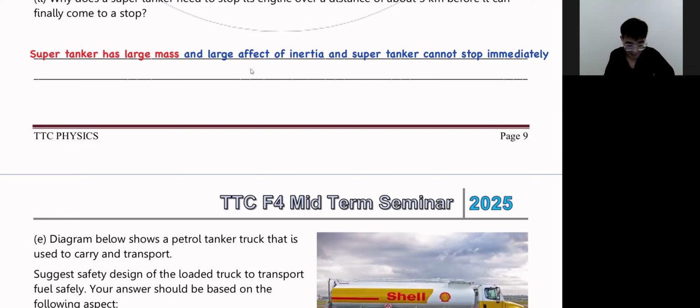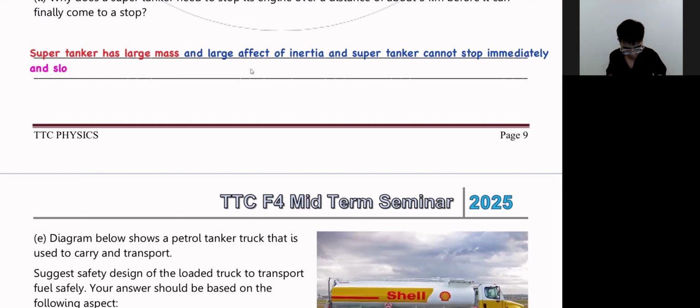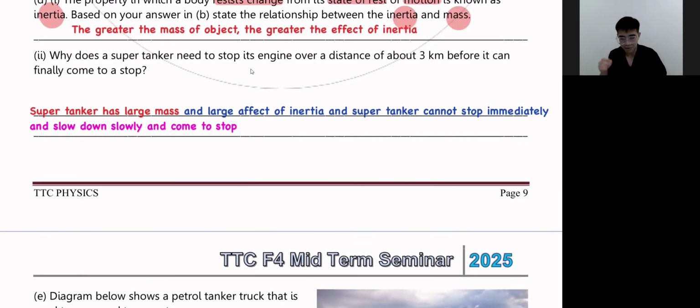Because they cannot stop immediately, they have to switch off the engine and let the ship slow down slowly, and then come to a stop. So that's why they have to switch off the engine 3 kilometers before it can reach the port. Okay, so that would be your answer for this one.